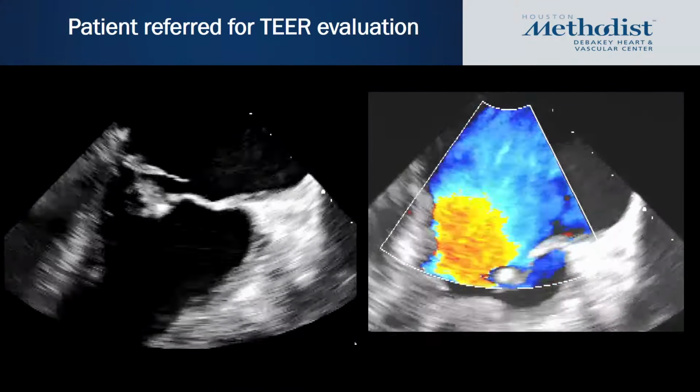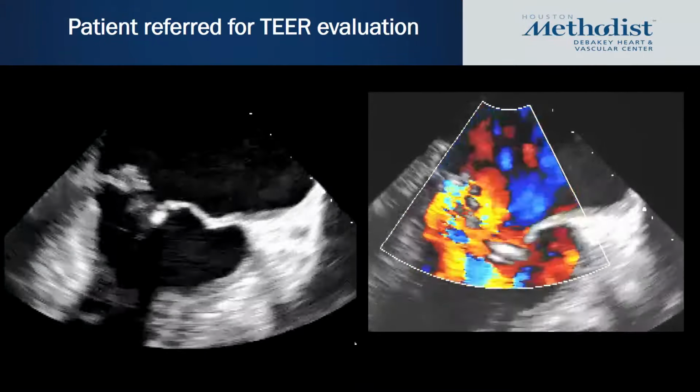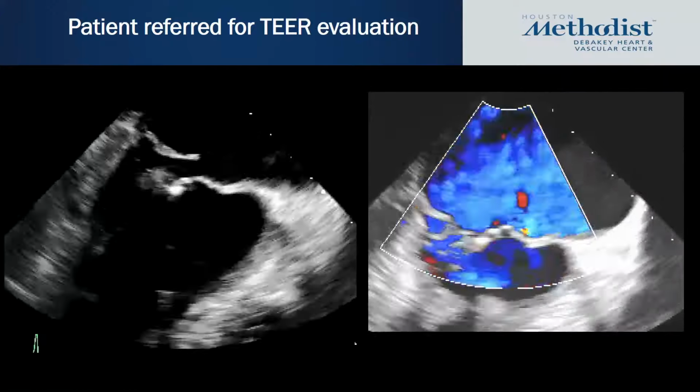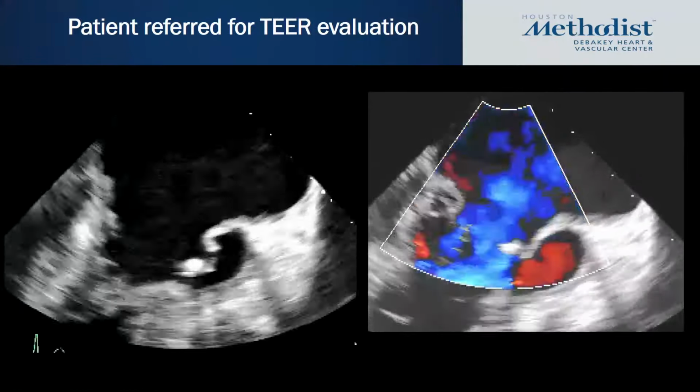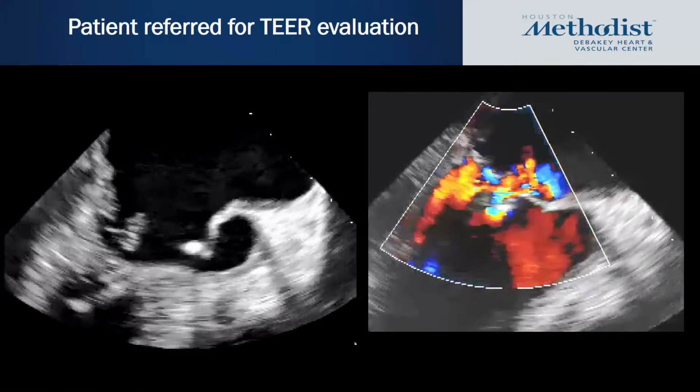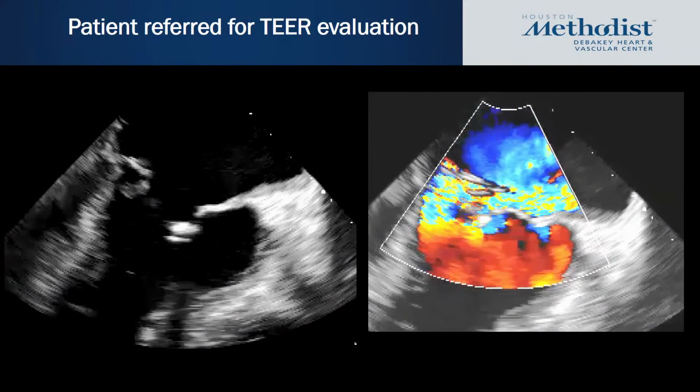I'm going to discuss this case to highlight the importance of 3D imaging in evaluation of mitral valve disease. So this was a patient who had symptomatic heart failure and was referred to us for edge-to-edge repair of the mitral valve. And you can notice by 2D imaging that the patient had a flail posterior leaflet resulting in significant mitral valve regurgitation.